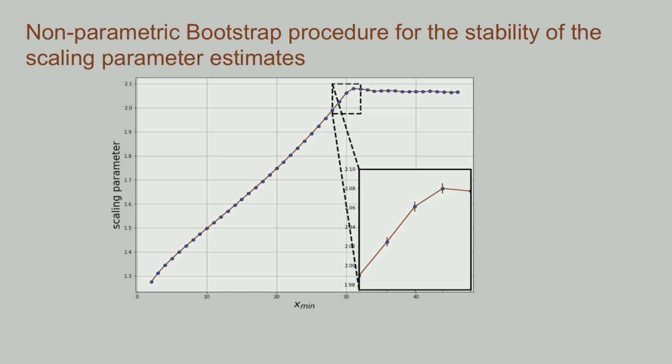For every x-min, we generated more than 2,000 datasets with the non-parametric bootstrap procedure, resampling from our empirical data. What we found is that as x-min increases, and in particular as x-min approaches the true value, which is 30, the scaling parameter tends to approach the true value, which was 2.2. And the stability, as you can see in the zoomed square, is pretty good because the variance is very small.